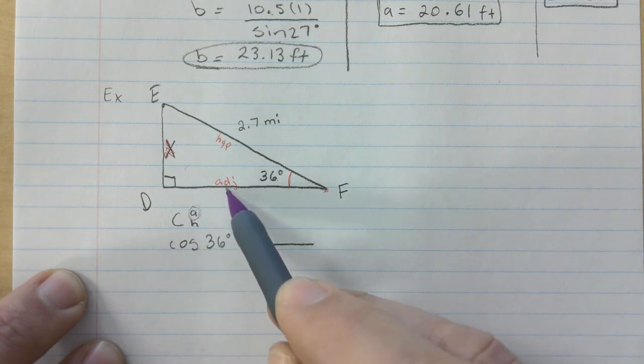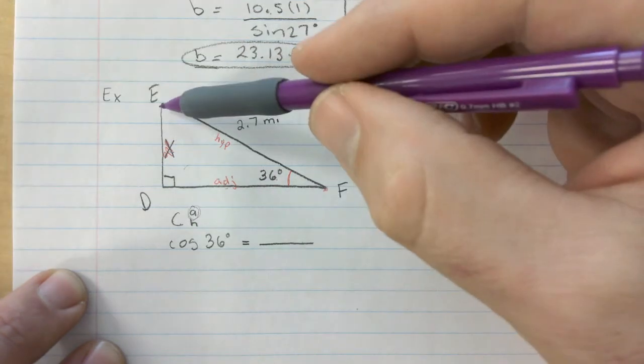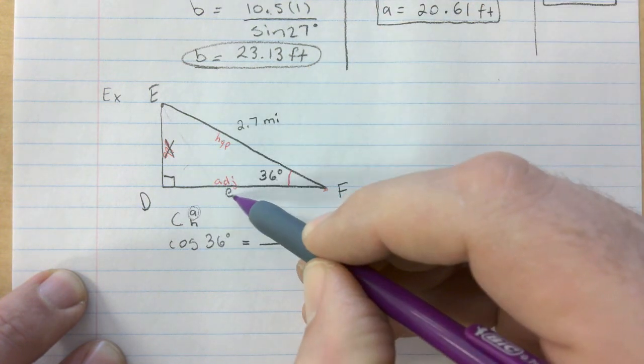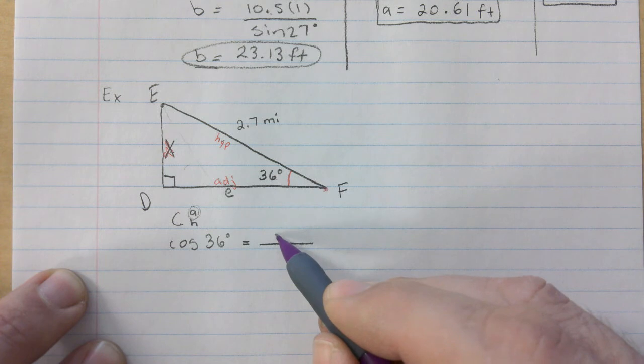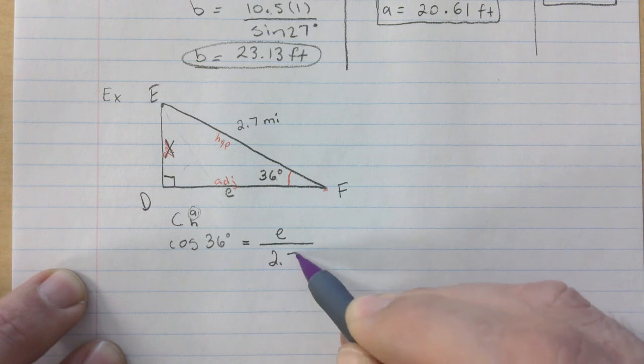I don't know what adjacent is, but you can call it whatever you want, I'm going to call it E because this is actually the side across from angle E, right? So the adjacent comes first, which is called E, and the hypotenuse is 2.7.